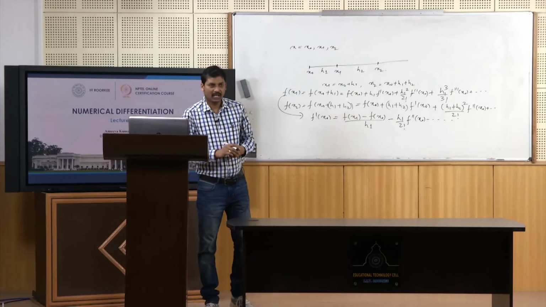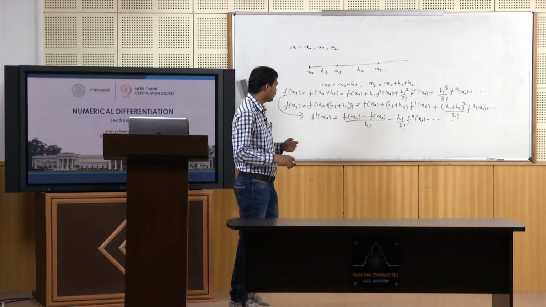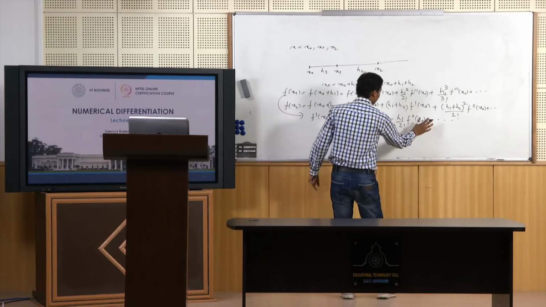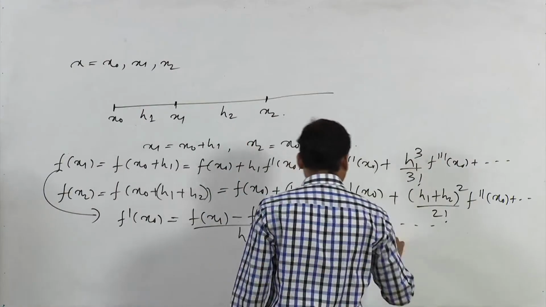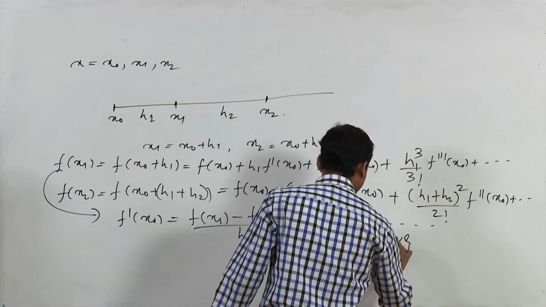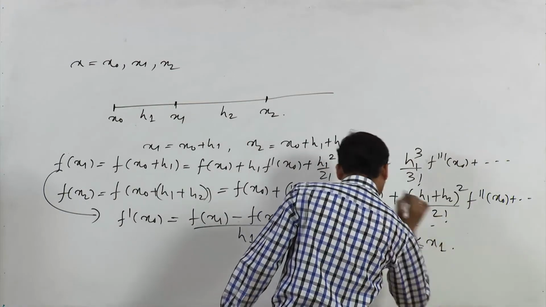If we want to write that in terms of an error term, we can replace this x0 point by zeta, where zeta lies between x0 and x1.